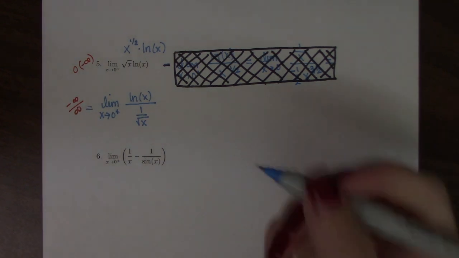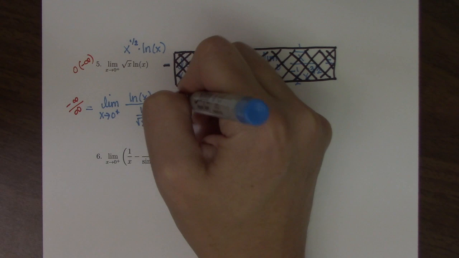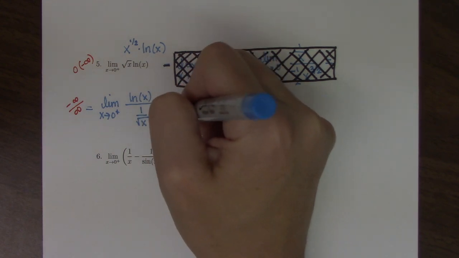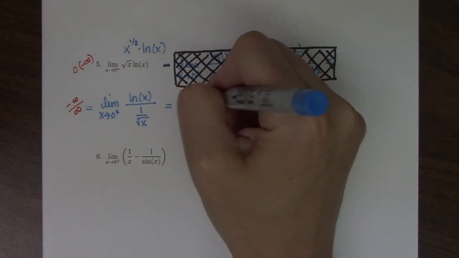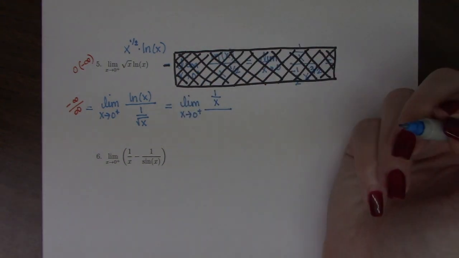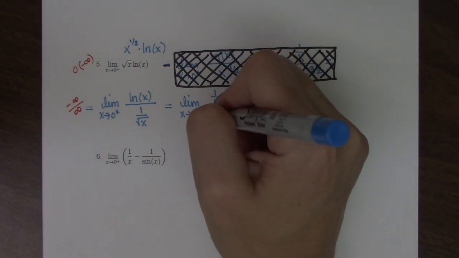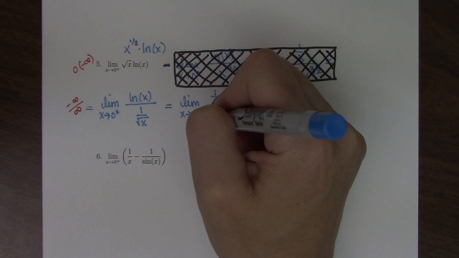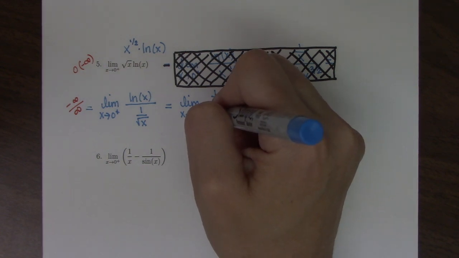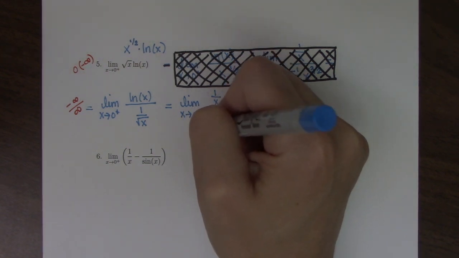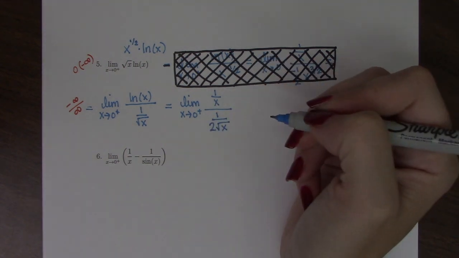So if I take the derivative of the numerator, the derivative of the numerator is 1 over x. Now I'm going to take the derivative of the denominator, and it's 1 over 2 root x.